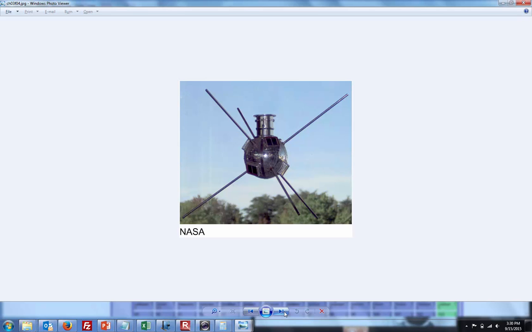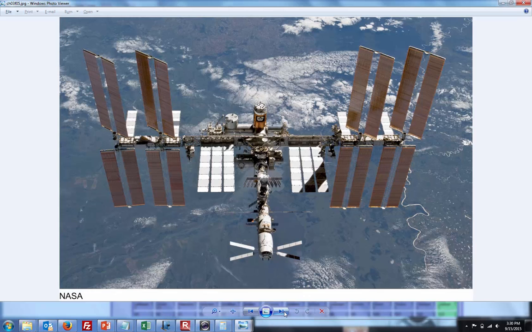All right, so there's one example. Here's another one, and you can bet that NASA's got access to the best PV arrays. So 130 kilowatts, not too bad. That's enough juice to run 130 U.S. homes.